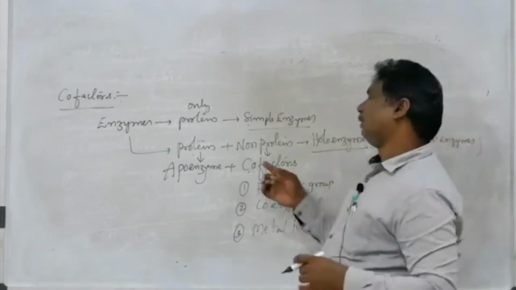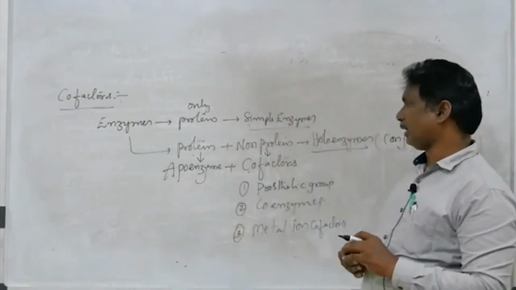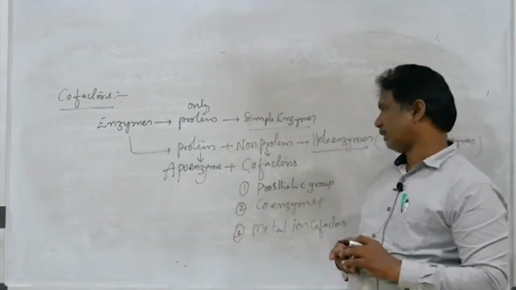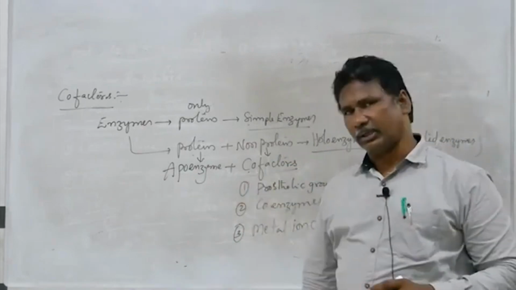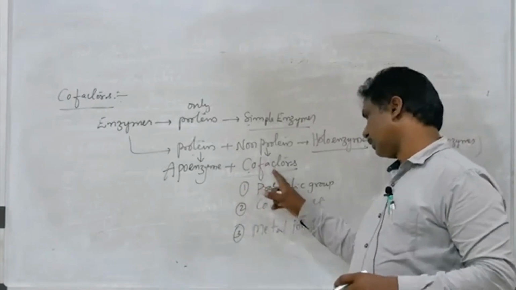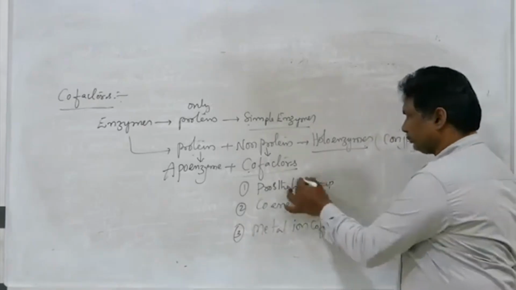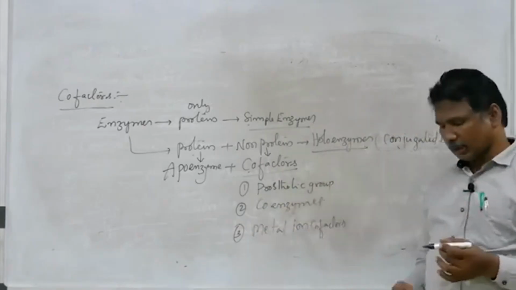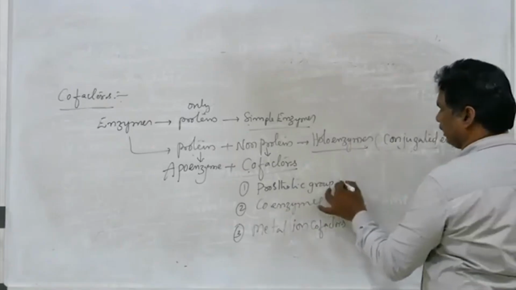In the holoenzyme, the proteinous part is called apoenzyme and the non-proteinous part is called cofactors. There are three types of cofactors: prosthetic group, coenzyme, and metal ion cofactors. So you can see them one by one.